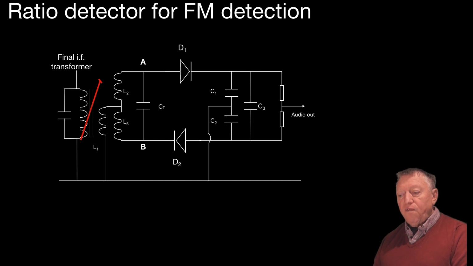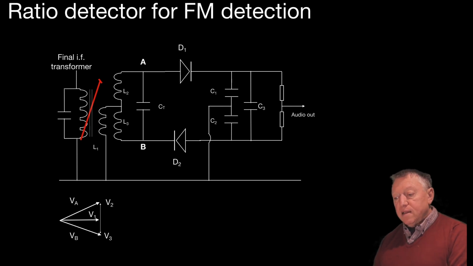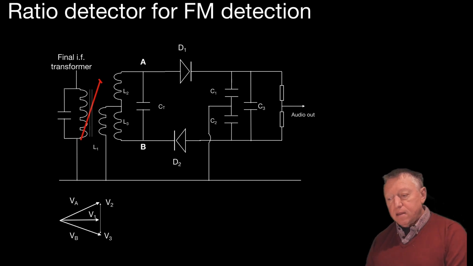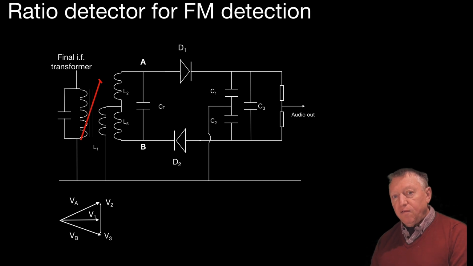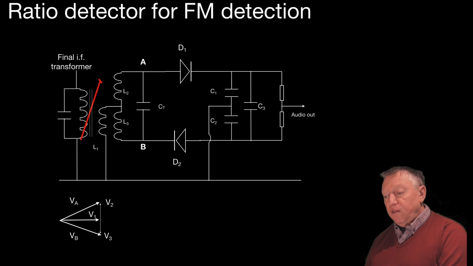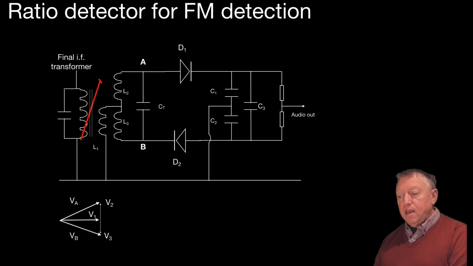This induces phase changes at the points marked A and B. At center frequency, the voltage out is the vector sum of the voltage at A and the voltage at B. So the VA vector is shown there, and the VB vector is shown there, and V1 is the resultant. And that provides equal voltages, V1 and V2, which are across the capacitors C1 and C2.